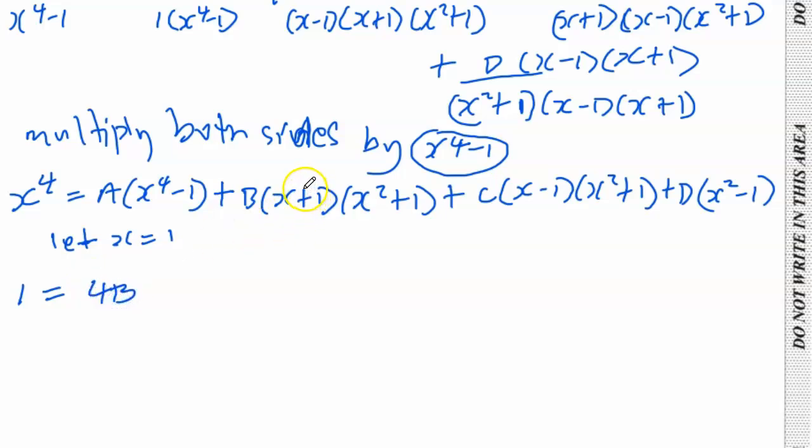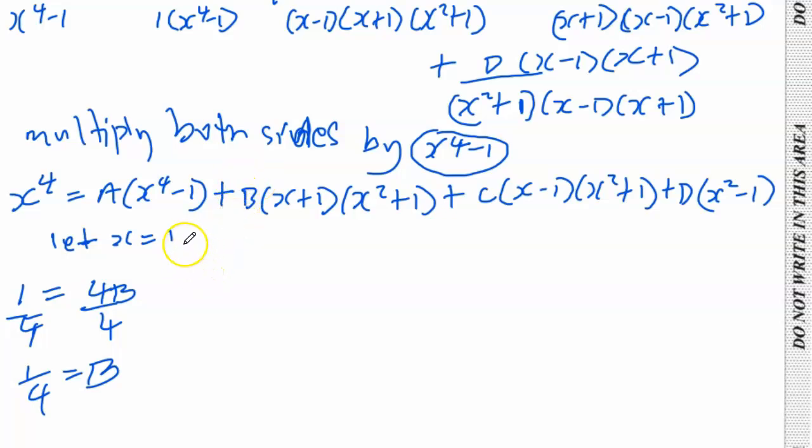If x is 1, this bracket will be 1 plus 1, which is 2, and this bracket will be 1 plus 1, which is 2. 2 times 2, 4. That's how I get the 4b. Alright, so divide both sides by 4. b is a quarter.